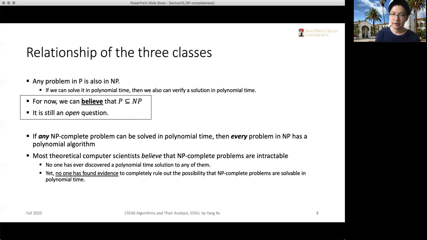But no one has ever discovered a proof yet. On the other hand, no one has found evidence to completely rule out the possibility that NP-complete problems are solvable in polynomial time. So again, this is a very vague area. It is still unknown, uncertain yet.